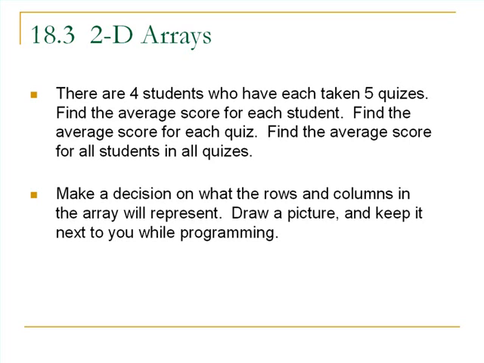That's okay, we'll go with it. So what we want to do then is to find the average score for each student. And we want to find the average score for each quiz. A 2-dimensional array where we'll have 4 rows and 5 columns, where each row will represent the student and each column will represent the quiz.